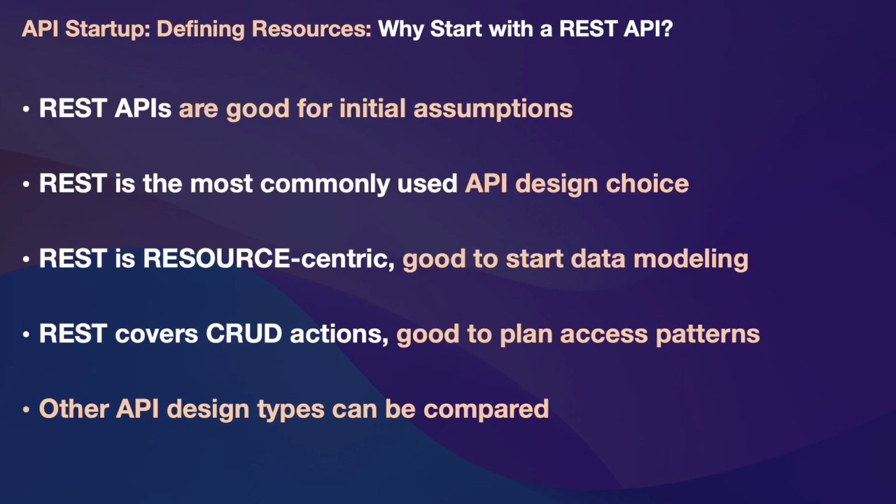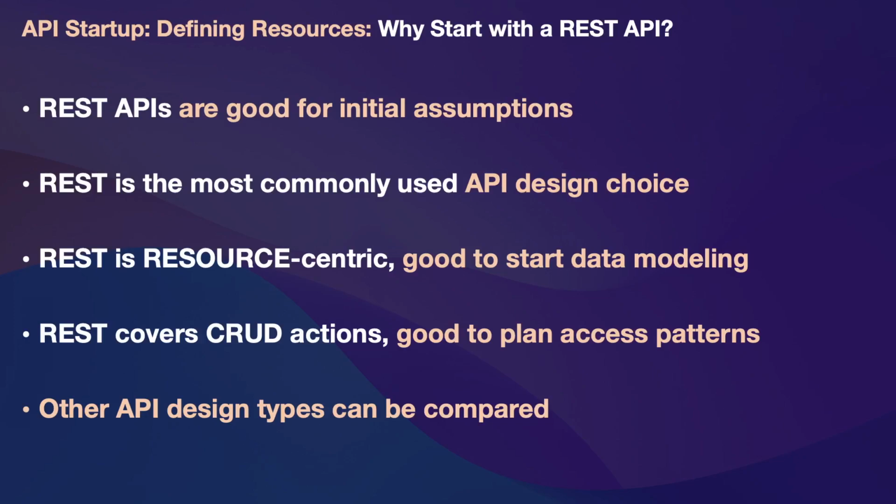Why are we starting with a REST API? REST APIs are good for initial assumptions in most cases. REST is the most commonly used API design choice. It's resource-centric, which means that it's a good place for us to start with data modeling units. Also, REST covers a wide variety of actions, but the main ones that we use all the time, such as create, read, update, and delete.